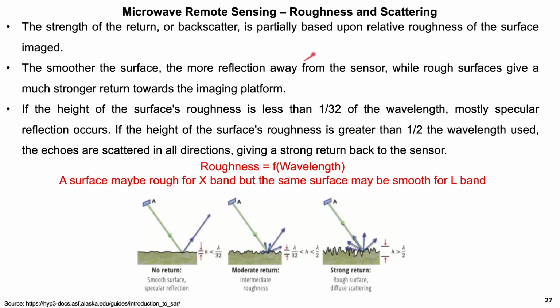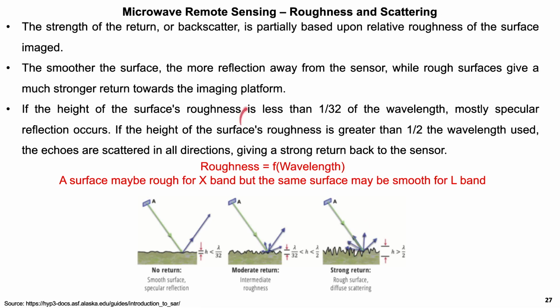Next is roughness and its scattering. The amount of backscatter strength that is received by the radar is a function of your roughness. If it is a highly rough surface, it's going to have a very strong backscatter because multiple reflections will take place.